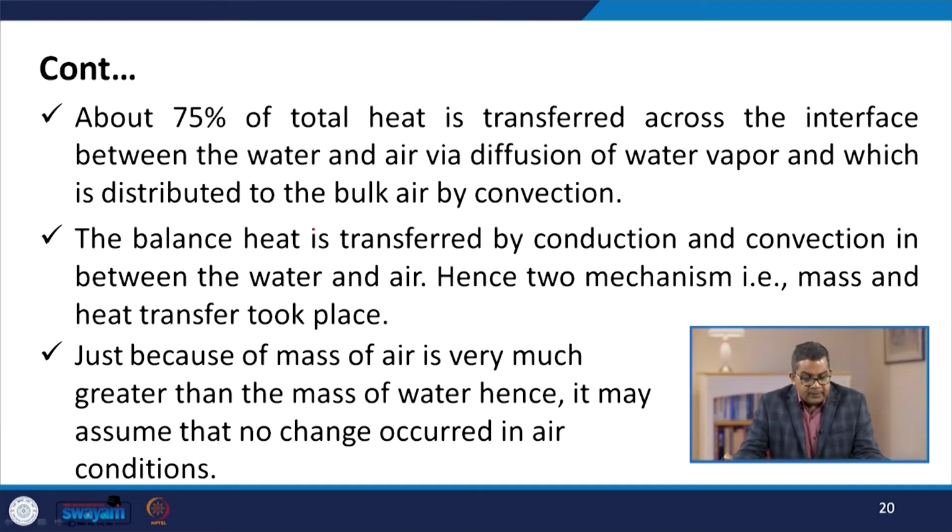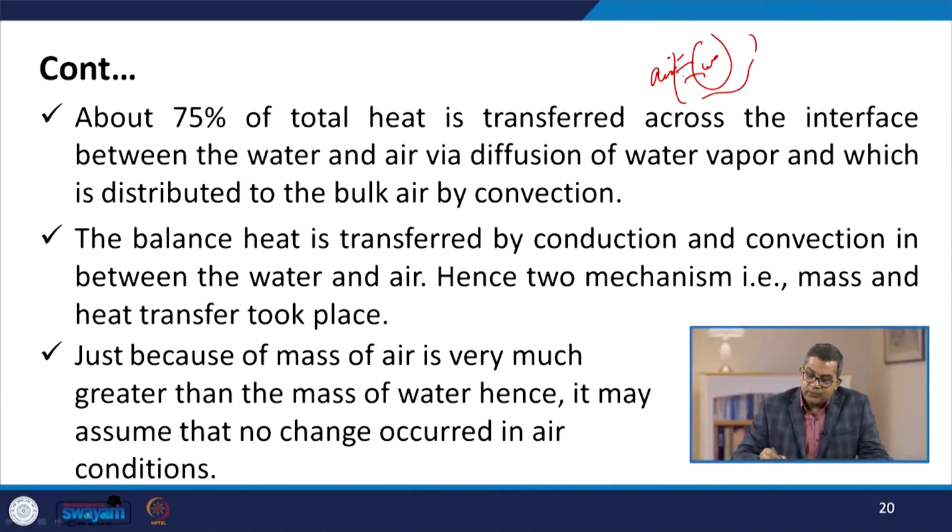Now, roughly 75% of the total heat is transferred across the interface between the water and air. Now, this is the droplet and this is surrounded by air. So, this is the water droplet and this is air. The mode of this particular transfer is diffusion of water vapor.